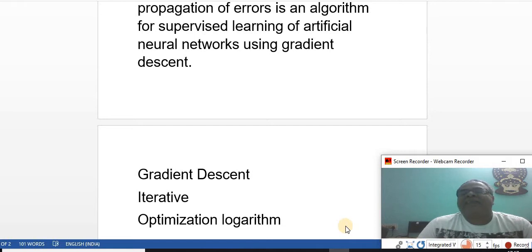Integration means again you are summing, adding all those data. When you differentiate a quantity or a variable, the output you get is known as the derivative.